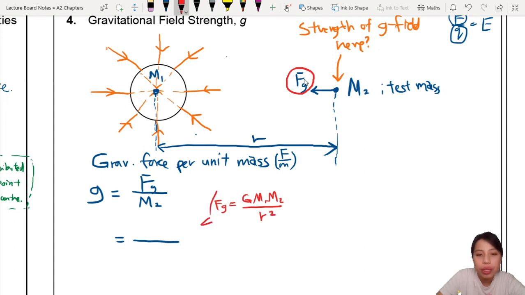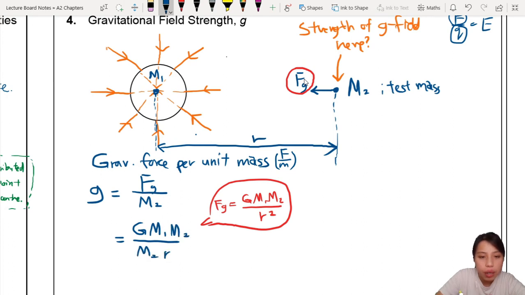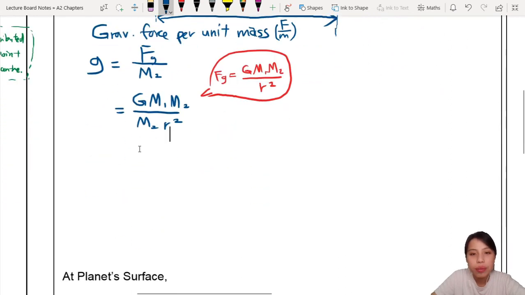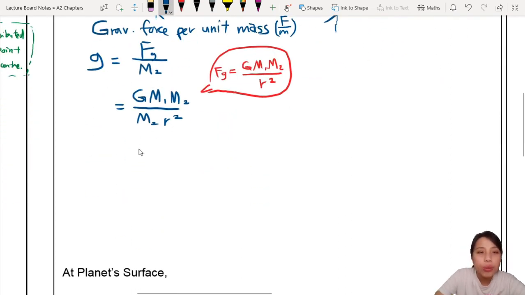So I put a comment speech bubble. Now, what is it? So this will be G m1 m2 over r squared, where the m2 is still down there. r squared is the distance between these two objects. And hey, look, we can simplify a little bit. Here we can cancel m2.